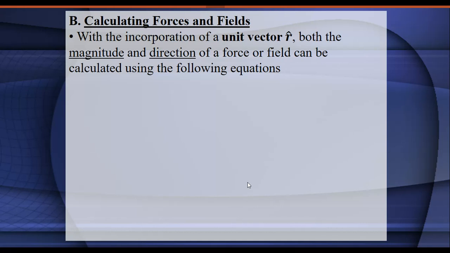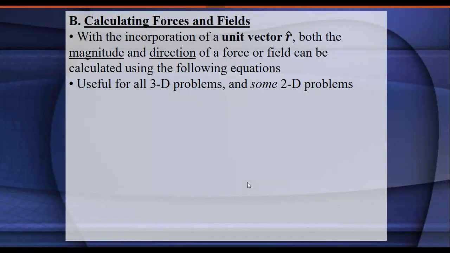So what I'm going to do is show you, just as a quick recall, what the physics 20 or 30 equation would look like, and then we'll beef it up to meet a three-dimensional type equation. And this is useful for all three-dimensional problems and some two-dimensional problems.